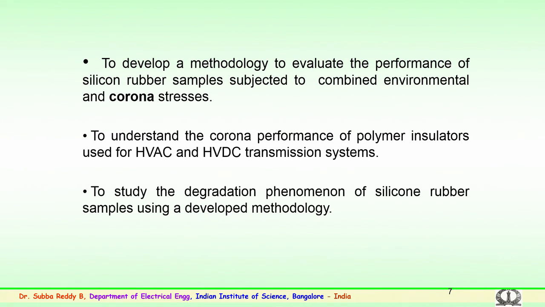So, to understand the corona performance on composite insulators which are used for high voltage AC and high voltage DC transmission systems, and to study the surface degradation phenomena on samples, a methodology is used which is normally developed in research laboratories or as per the standards which have been specified.